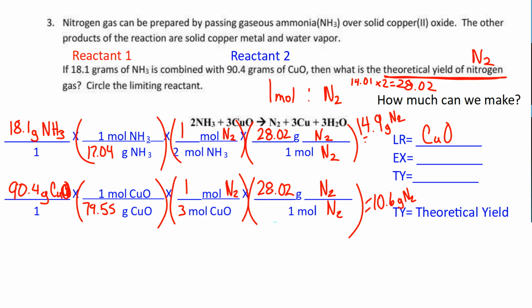All right, so that means our excess is ammonia. What is our theoretical yield? 10.6 grams of nitrogen.